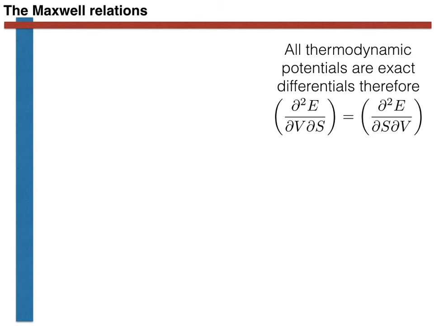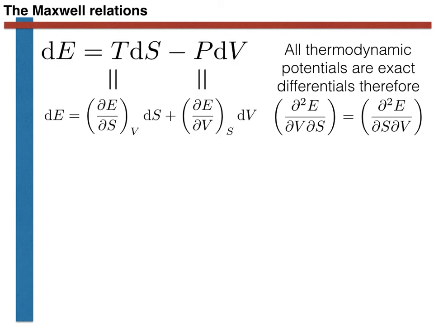Let's consider what this means in the context of the results we have derived. From the logic on the previous slide, we know that the coefficients of dS and dV in these two expressions must be equal.